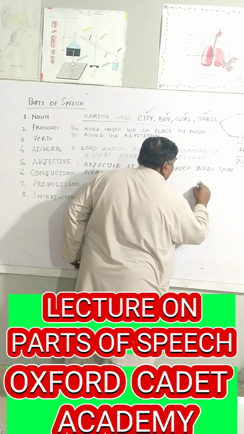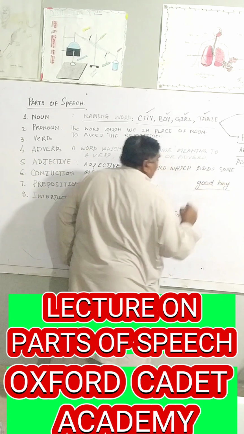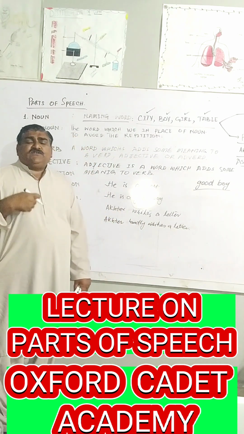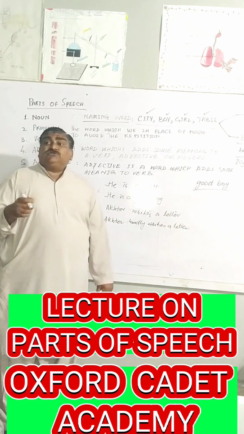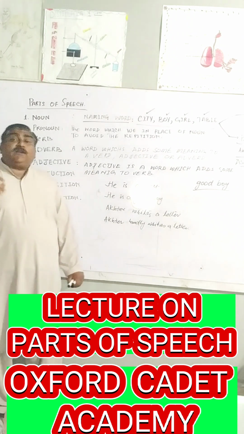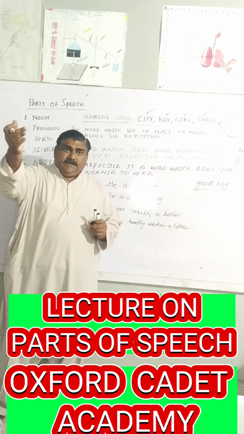Positive degree is a normal word which we add to anybody's qualification or disqualification. But when we use comparative degree, it means we are comparing that person or that thing with another thing, right? Yes, sir.